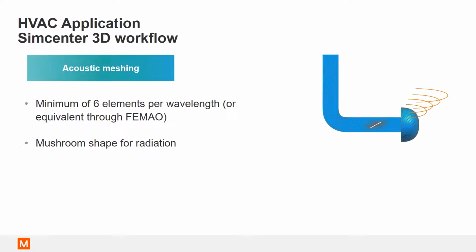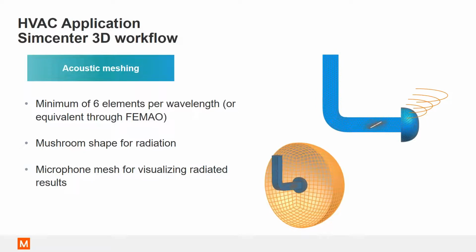You have a mushroom shape structure for calculating the radiation across that surface, to represent the radiator surface, but you can also create surfaces or microphones to visualize the data. As you can clearly see, the acoustic mesh is much smaller than the fluid mesh, as you don't need that high resolution here. So we're not worrying too much about that.